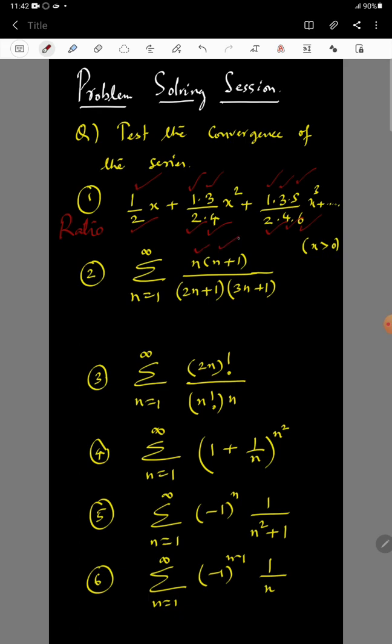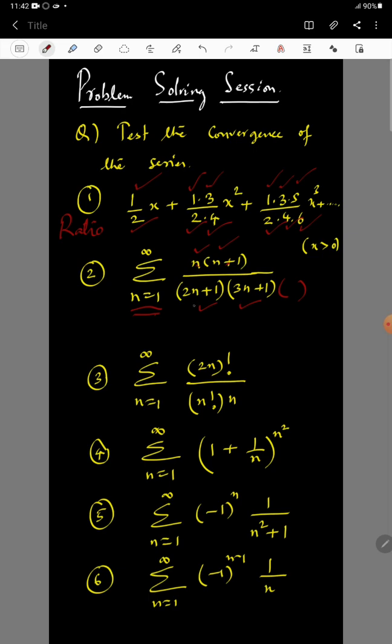Here you see that there are two factors in the numerator and two factors in the denominator. Even if there are three factors in the denominator, two factors in the numerator, it is going to be fixed. When you substitute n value 1, it is going to become two factors here. Even in n is equal to 2 case, the values will be different, but there will be only two factors in the numerator, three factors in the denominator.